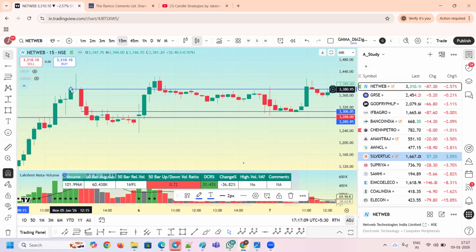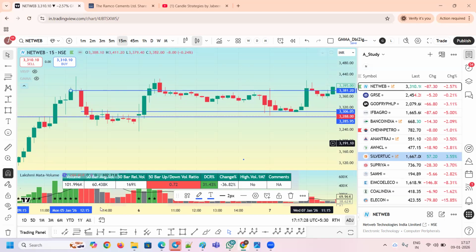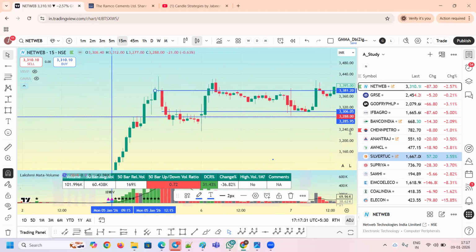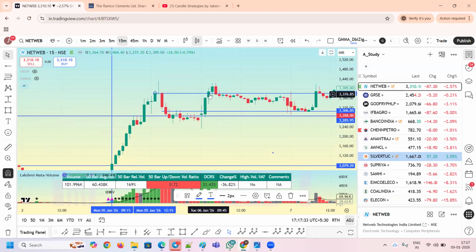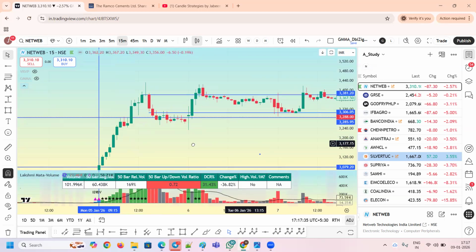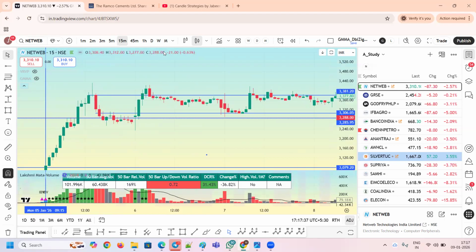This point. If you refer to the previous one, the point is that here it may struggle to cross. So if you have entered here, you should exit here. You should keep this as the target and exit. Because we don't know how much time it will struggle, or if it will shoot up. Forget about the profits, but think of exiting here, because we don't know how far it will move.